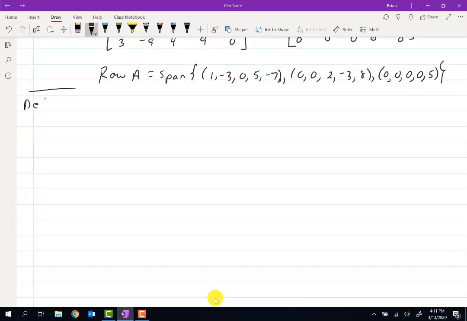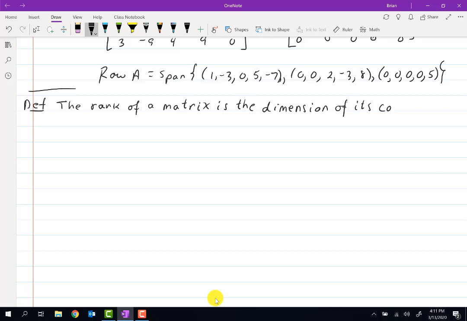Definition: the rank of a matrix is the dimension of its column space.